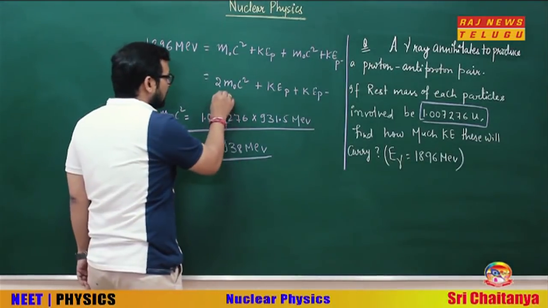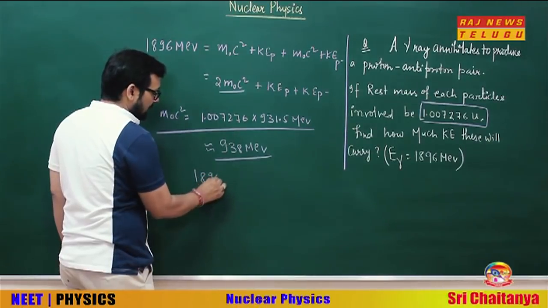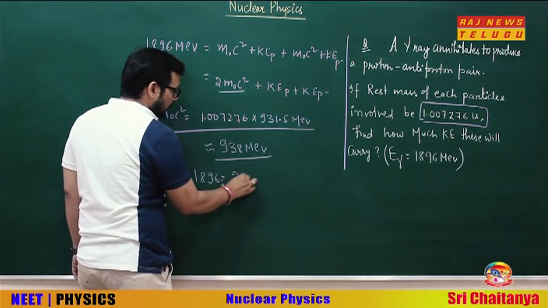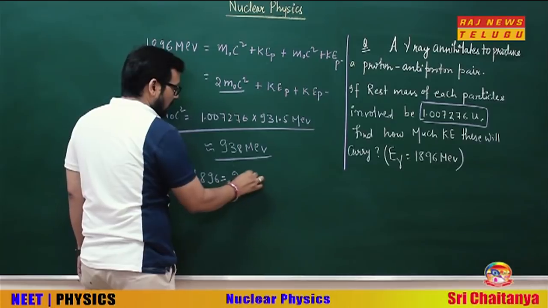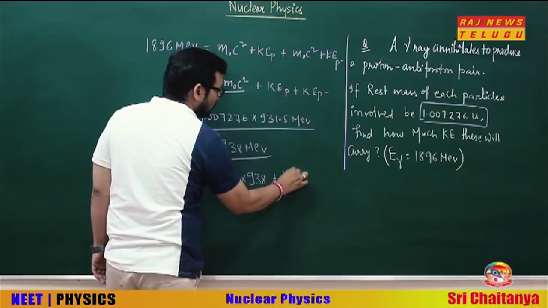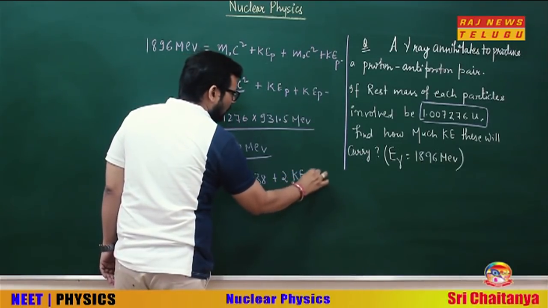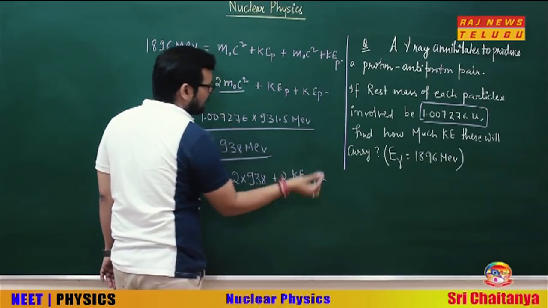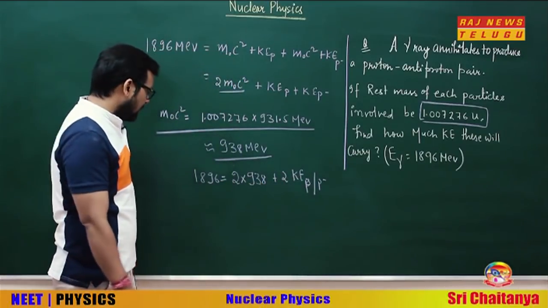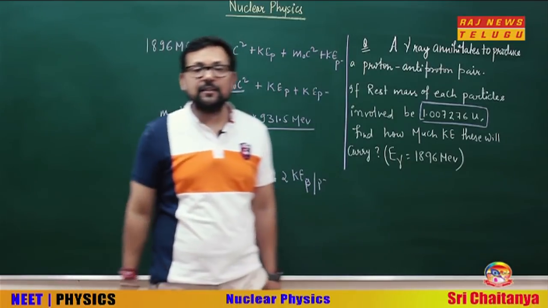Okay, so this energy will be twice of this. So 1896 is equal to 2 into 938 plus twice the kinetic energy of either proton or antiproton, because their kinetic energy would be the same. So 1896 minus this energy divided by 2, that is required in the question.